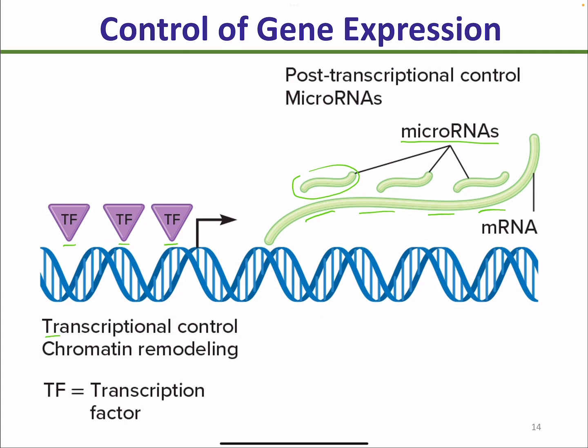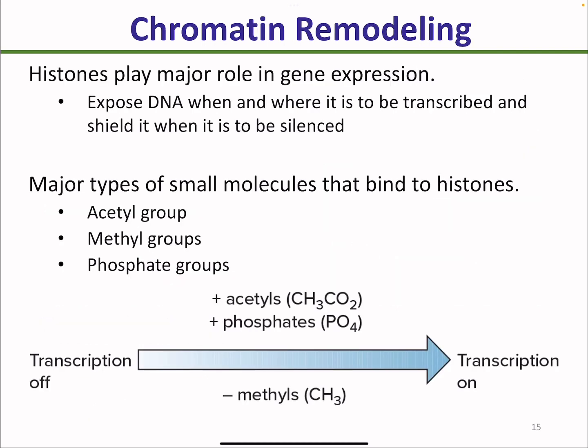So the transcriptional factors play a very important role in chromatin remodeling. But not only transcriptional factors, but also other aspects that we are going to take a look at. Now, what are some of the elements that play a role in chromatin remodeling?